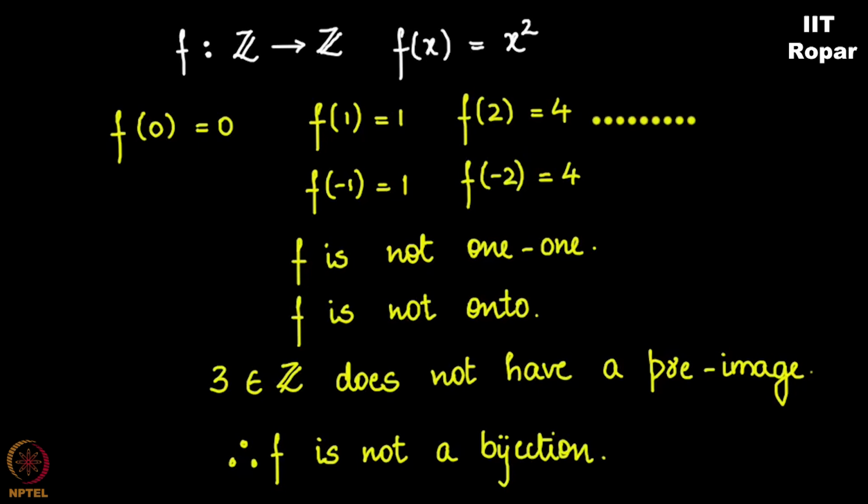Consider this last example. The function f from the set of all rational numbers to the set of all rational numbers defined as f of p by q is equal to p. Seems interesting. f of 1 by 2 goes to 1. f of 1 by 3 goes to 1. Why? Because p by q is mapped to p.